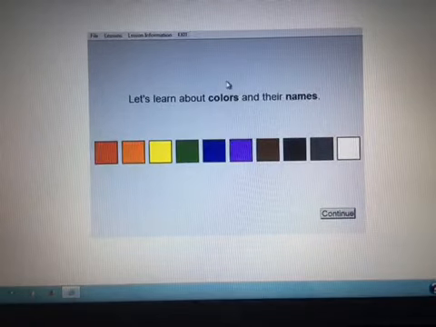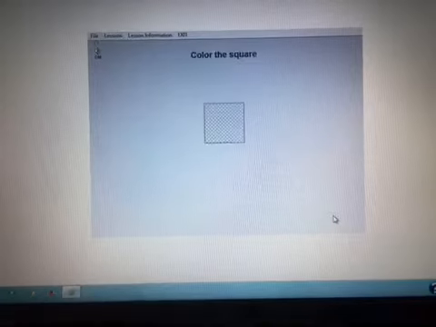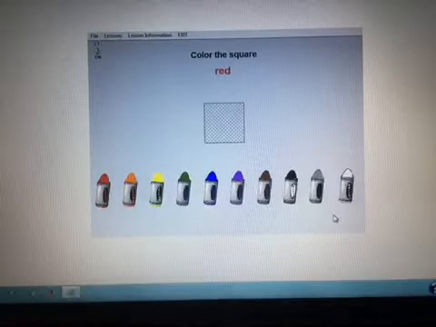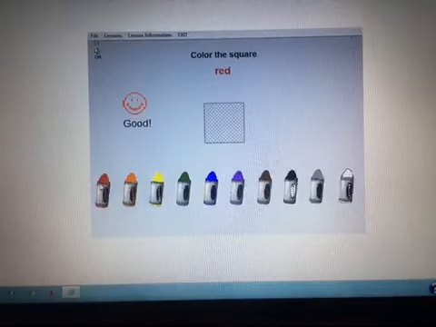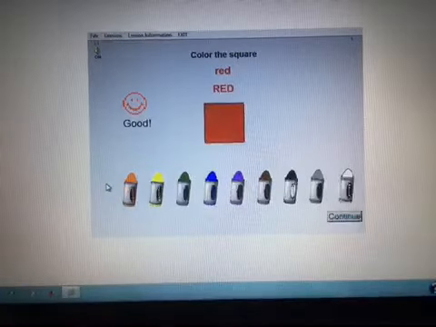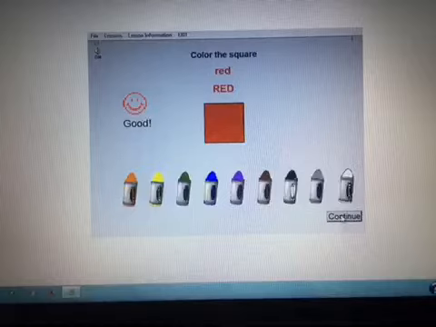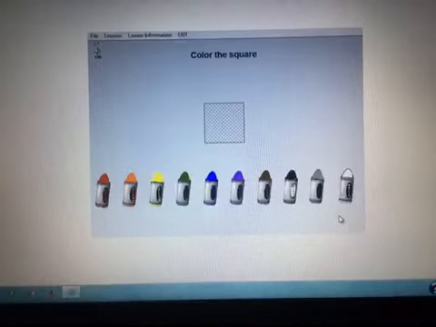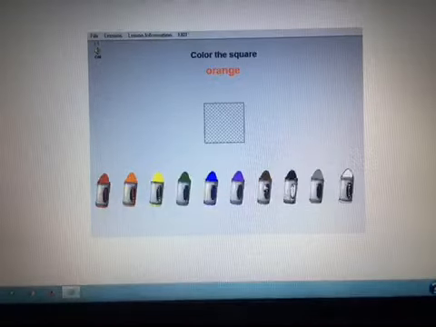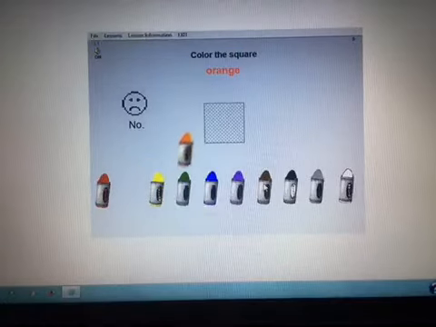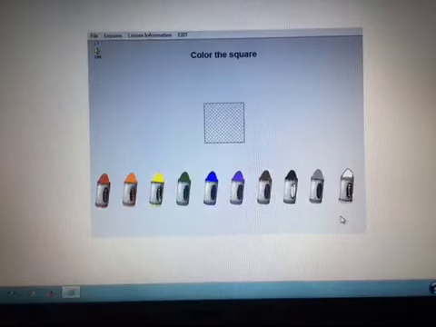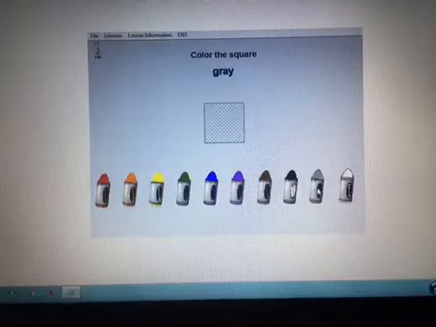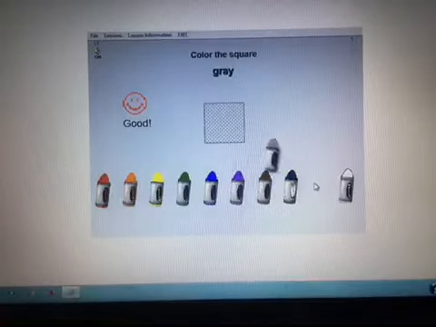Let's learn about colors and their names. Color the square red. Good, red. Color the square orange. No, orange. Color the square gray. Good, gray.